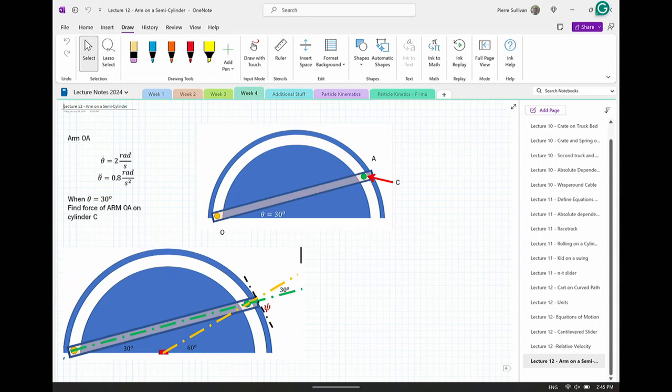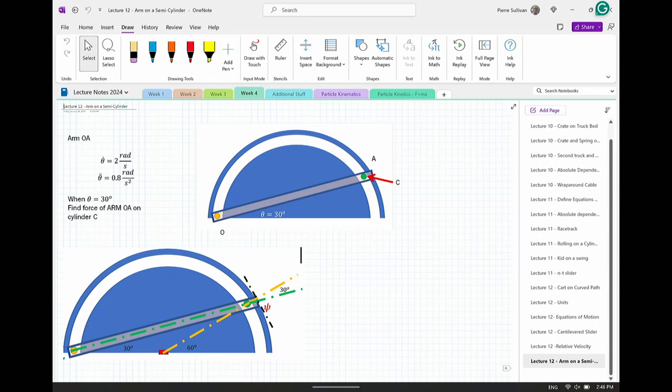So this light blue area is actually an open area, allowing the pin to roll in there. As it rotates about point O, that pin is going to go around the semi-cylinder.